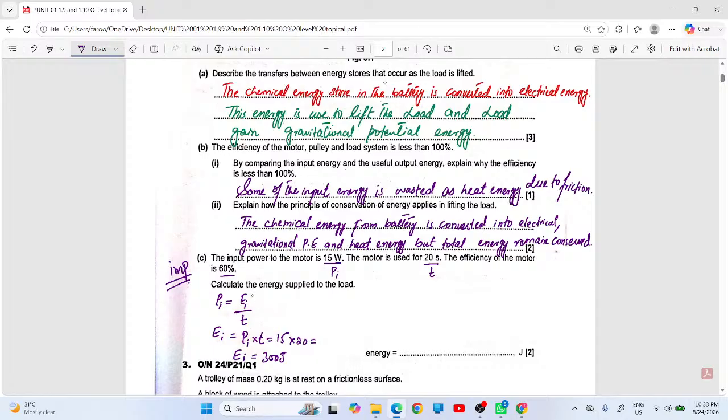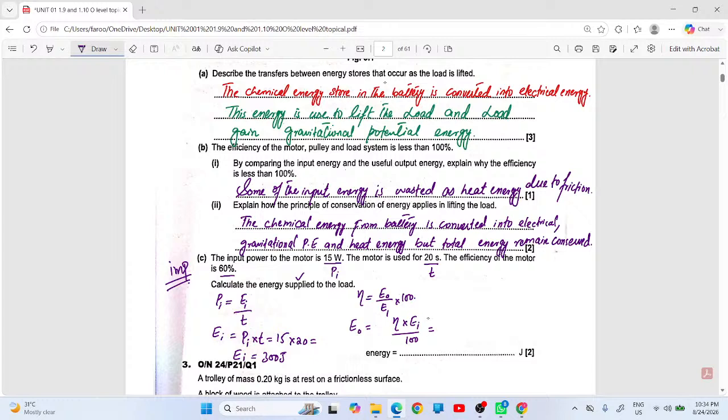And we have to calculate the energy supplied to the load. We need output energy. And we know the formula of efficiency is output energy over input energy multiplied by 100. So output energy equals efficiency multiplied by input divided by 100.